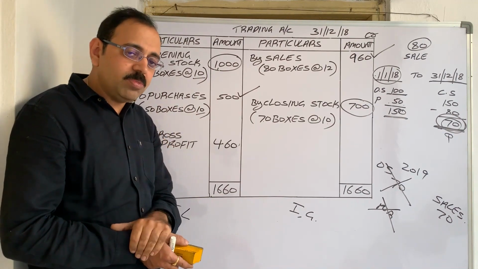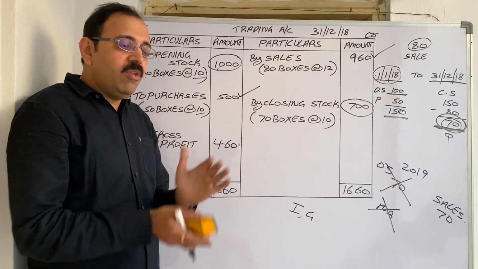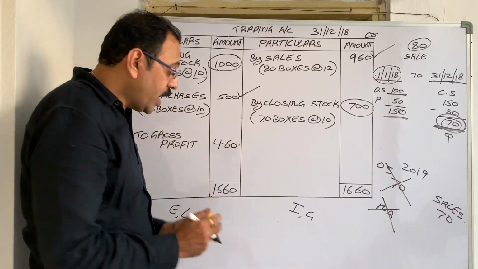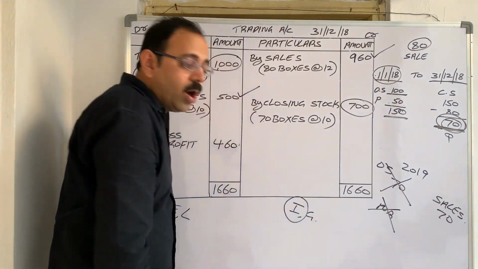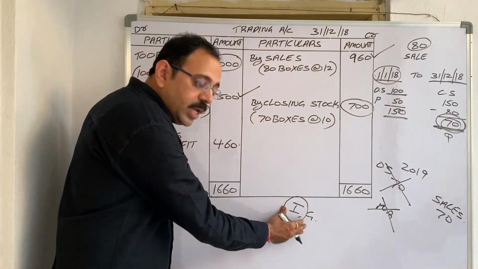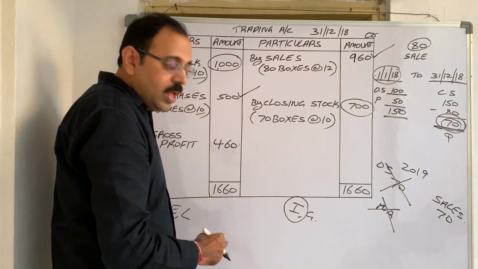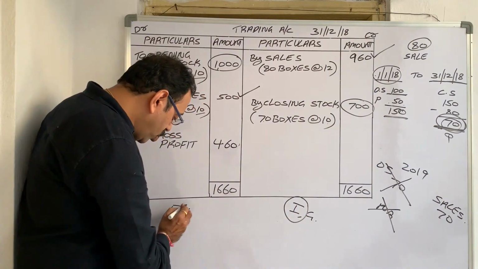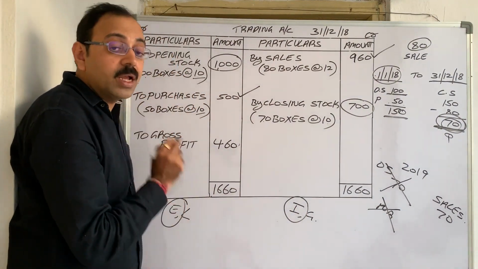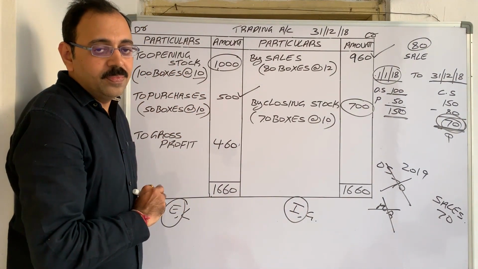What matching concept says? In 1 year, when you are writing incomes in the accounts, to earn that income, how much expenditure you incurred, that expenditure also you have to show in that particular year only.